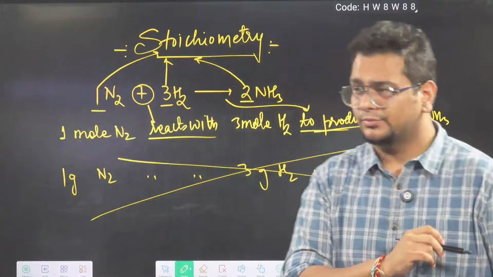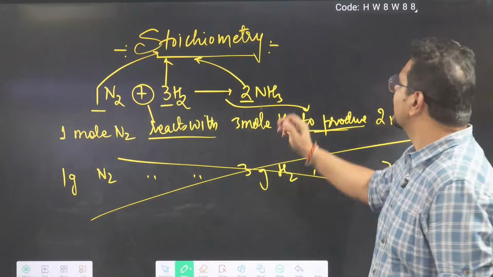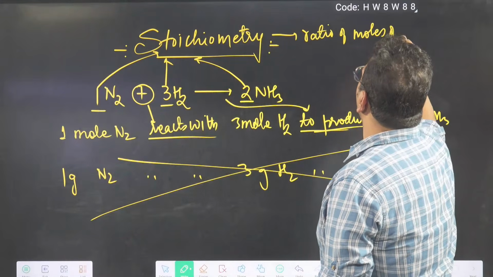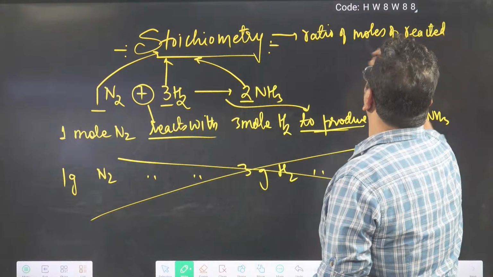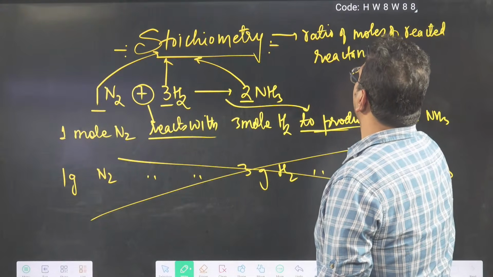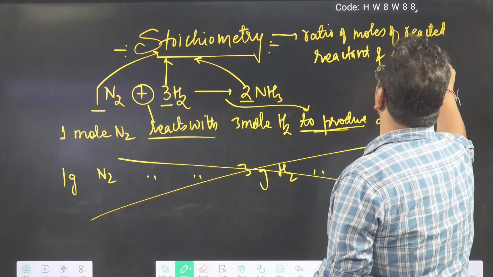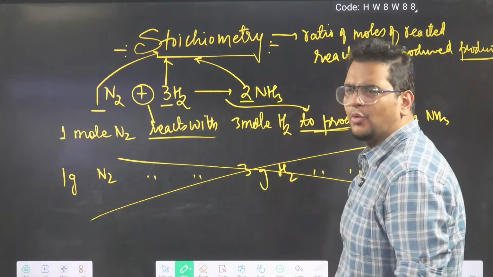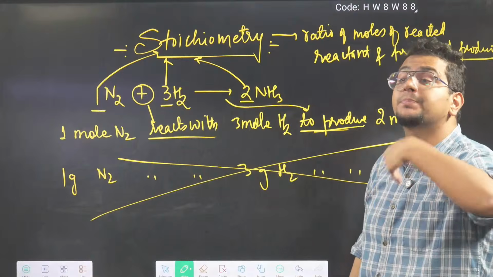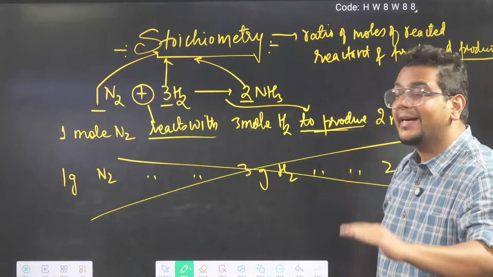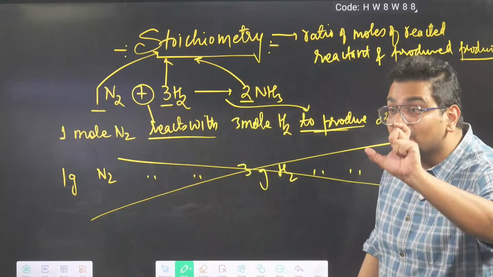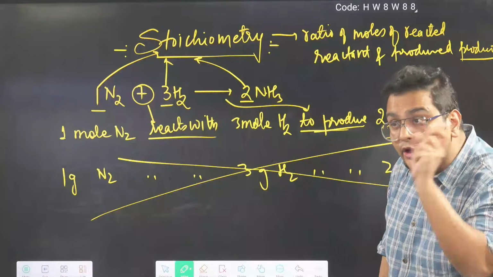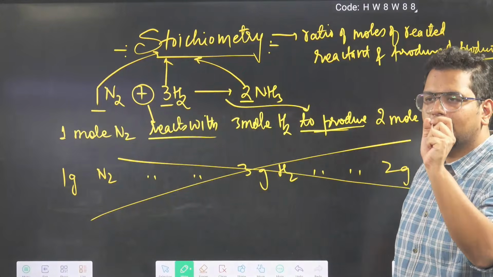These are not mass ratios. Stoichiometry gives us the ratio of moles of reactants reacted and products produced. Ammonia is the product. How much product is produced and how much reactant is reacted, that ratio of the moles is the stoichiometry.